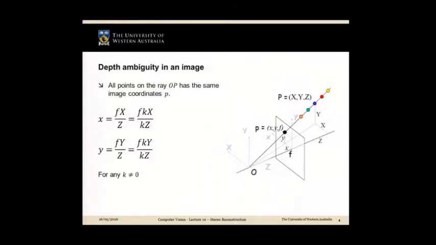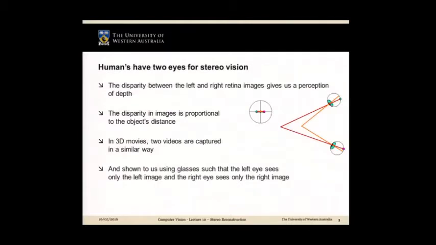Stereo vision: introducing another camera. The stereo vision system actually resembles our vision system. We have two eyes, and your image is formed on the right retina and on the left retina. That helps you understand the disparity between your left and right retina images.